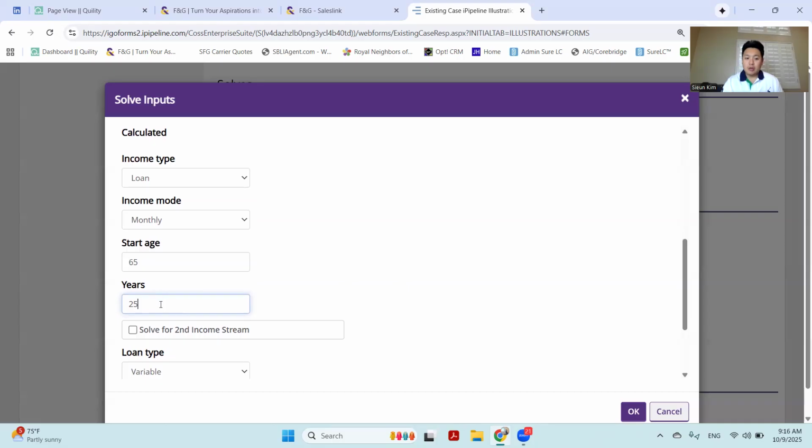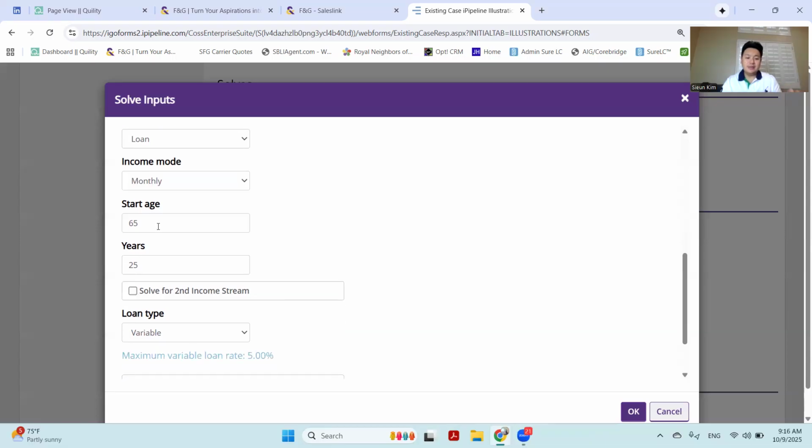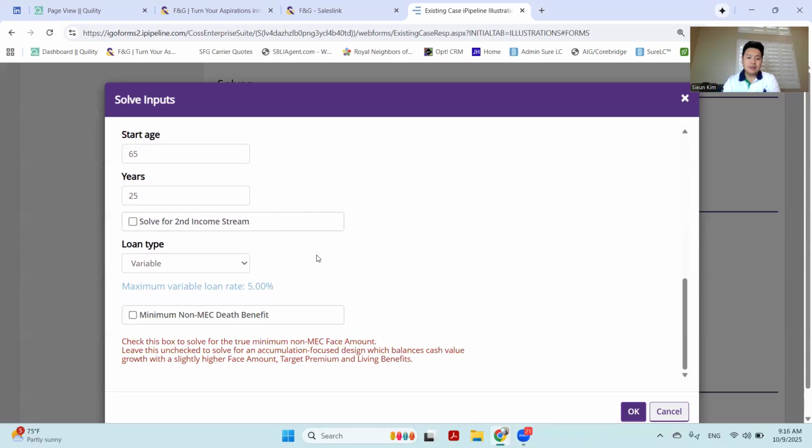You can make this longer or shorter, by the way, but right now in America, I think the average age of death is around 79 years old or so. So 90 is still great longevity. But by the time they become adults, maybe 90 is pretty common because of the advances in the medical field. So this is a great illustration, 65 for 25 years until 90 years old.